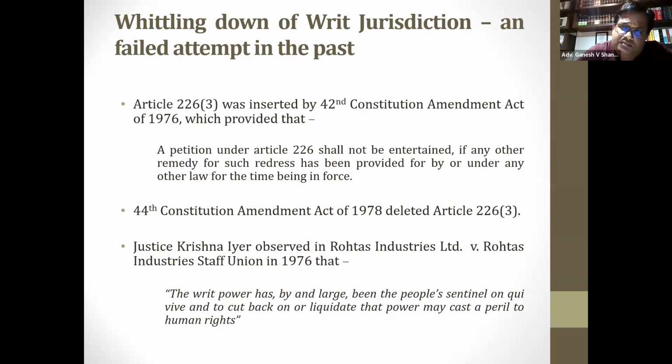Apart from the government's own intention to keep the judiciary under control, there was an agenda. So this 42nd amendment came up, but this was reversed by the government in 78 through a constitutional amendment.